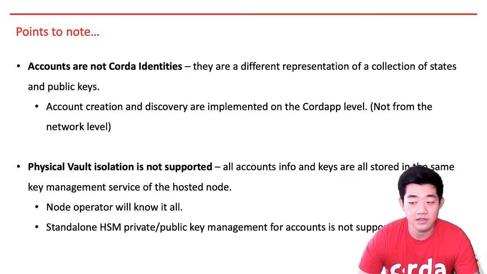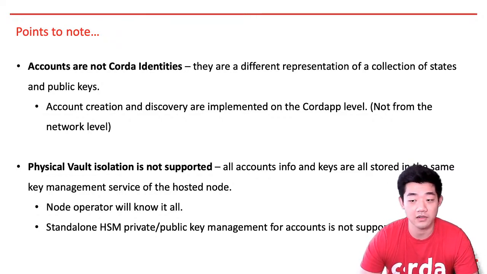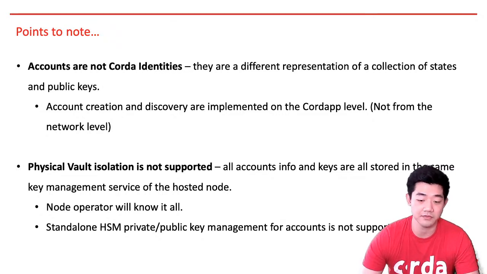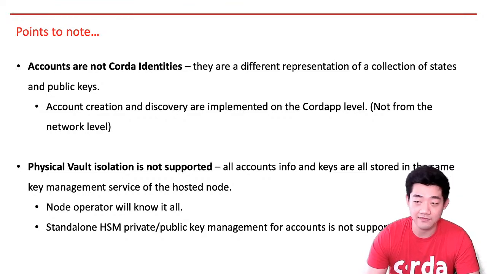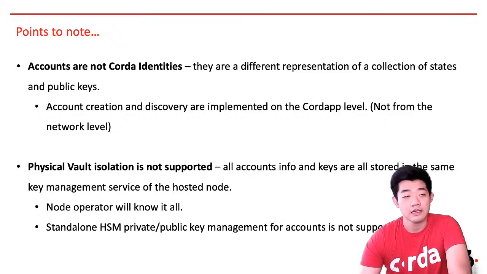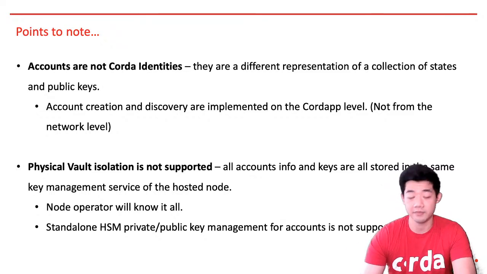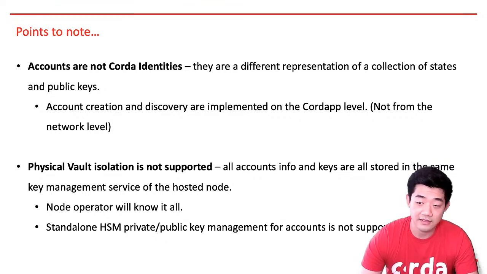Accounts in the node are not equipped with X500 names, which is what the Corda network recognizes. So accounts are not recognizable from the network level. If you want to do business with other people's accounts, they have to actively share with you. Then you store their keys in your database, and then you can start doing business with them, like doing transactions with them.